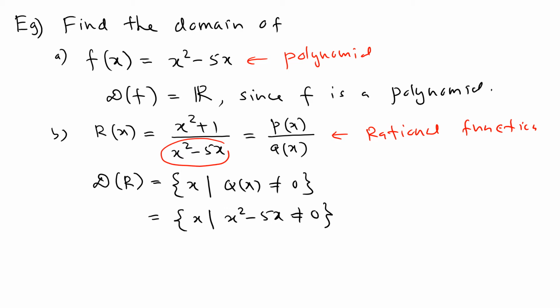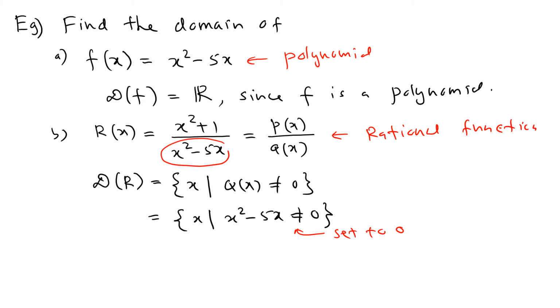So what we normally do is we actually find when this is going to be 0, because otherwise it's very difficult to find because there are a lot of values. We set this equal to 0 and find when it is 0, and then we remove those values from the rest of the reals.